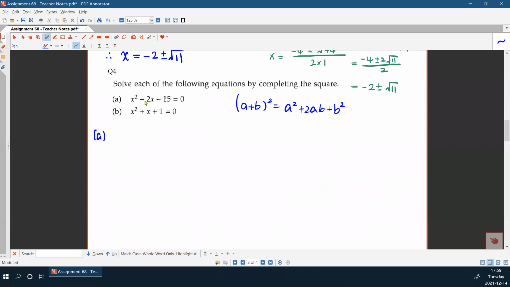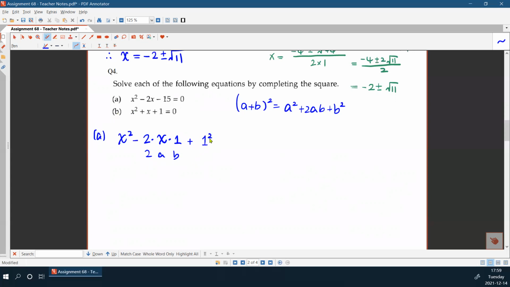So in question A, we have x squared minus twice of x and 1, right? This is our 2ab. A is x, b is 1. So we need b squared, which is 1 squared, right?